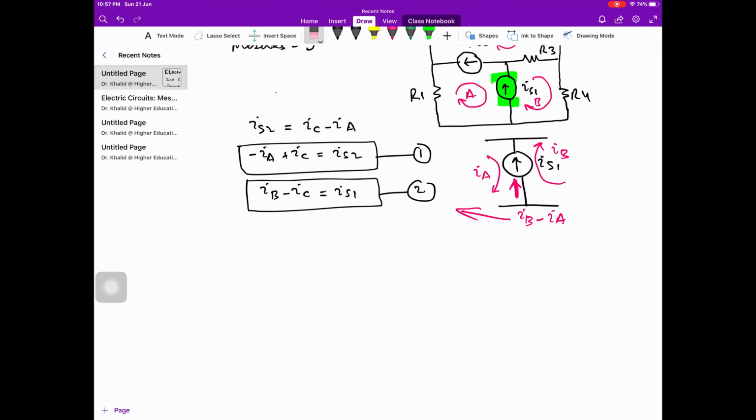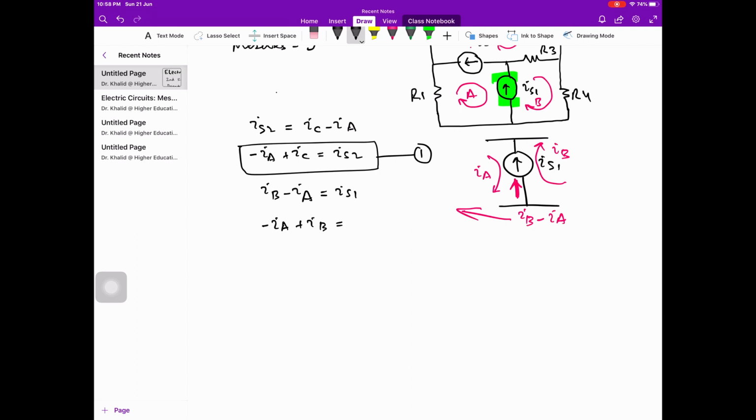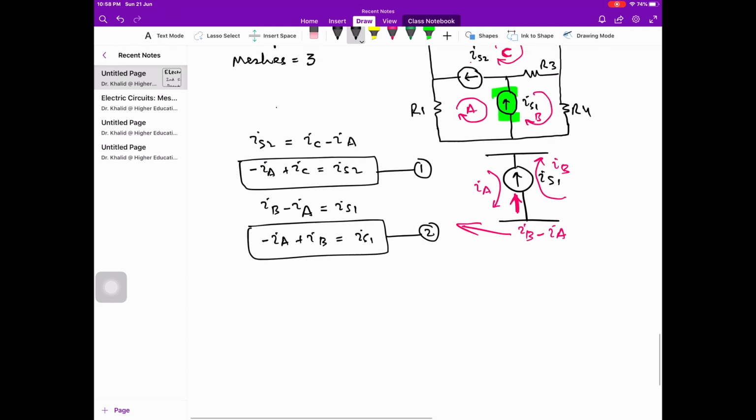It is IB minus IA, so this should be IA. I can rewrite this equation as minus IA plus IB is equal to IS1. This is equation number 2, and now it is a neat and clear equation too.